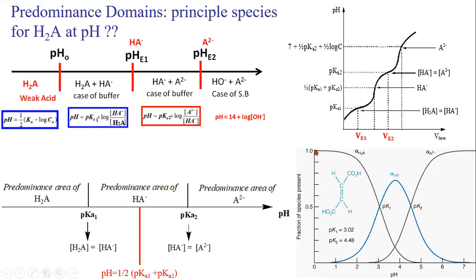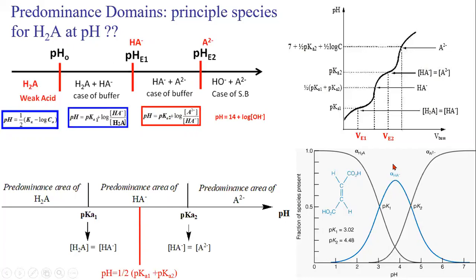Initially I only have the H2A species. Here we have a diacid maximum. And then this H2A species starts to decrease until it's equal to the HA minus species. As this H2A is decreasing, the HA species is increasing, which is in blue, until the point where they're both equal to each other. Then the HA species continues to increase.